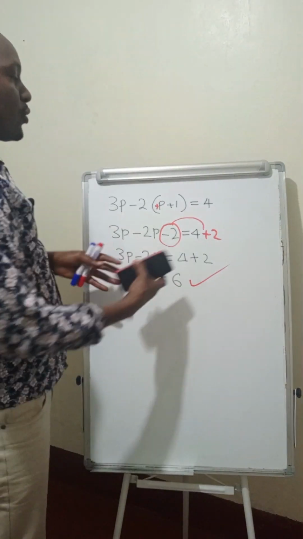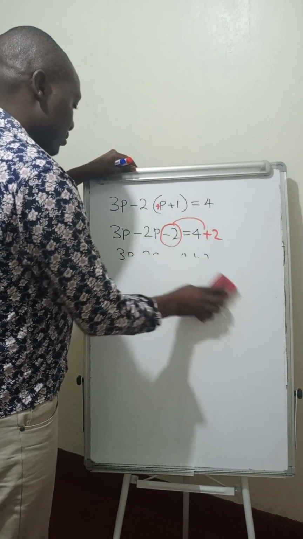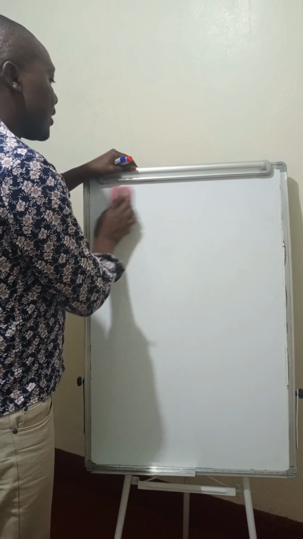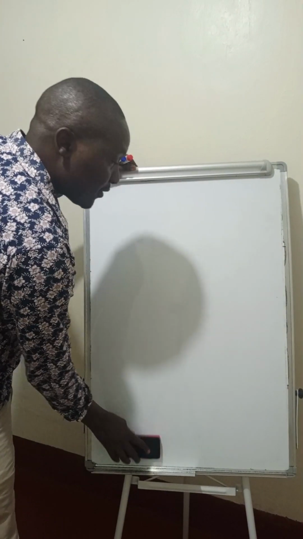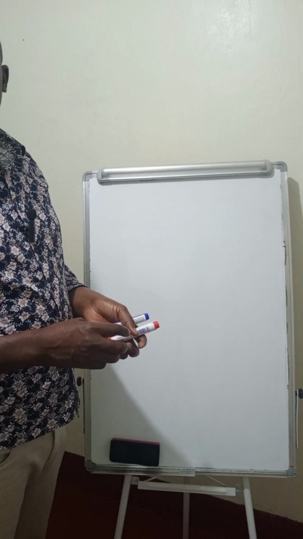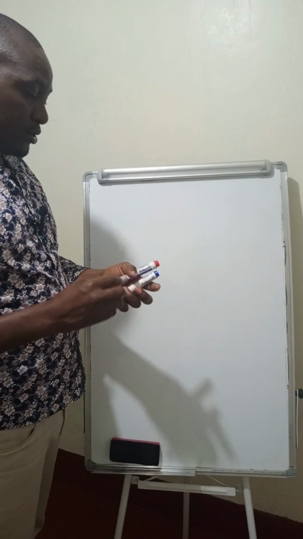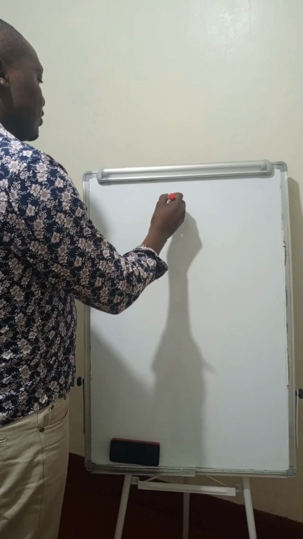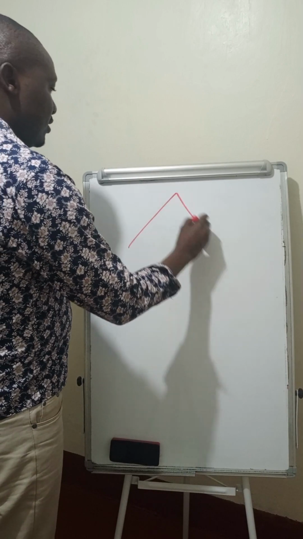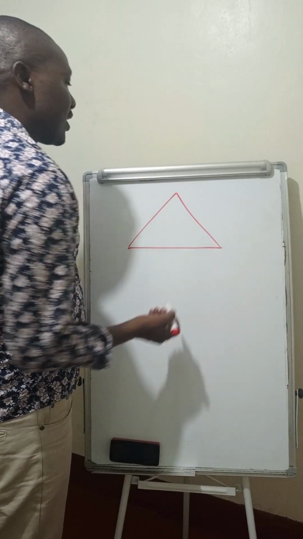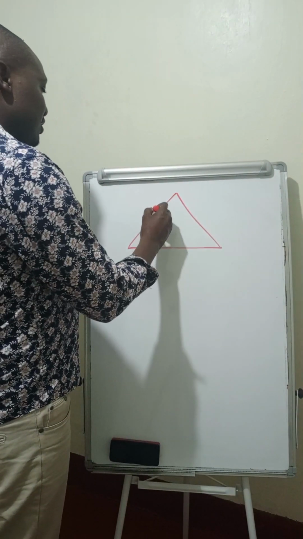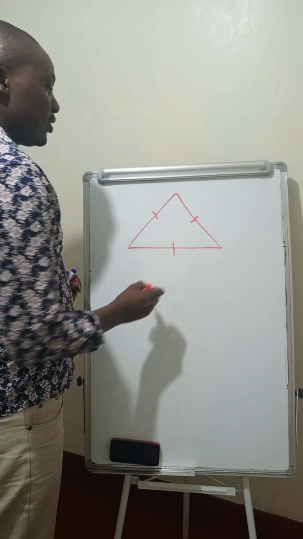Now, let's see how we can apply this knowledge in some areas. If you are given an equilateral triangle, an equilateral triangle has all sides equal.